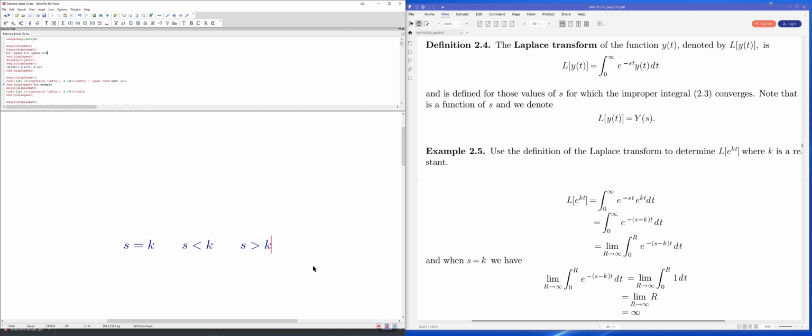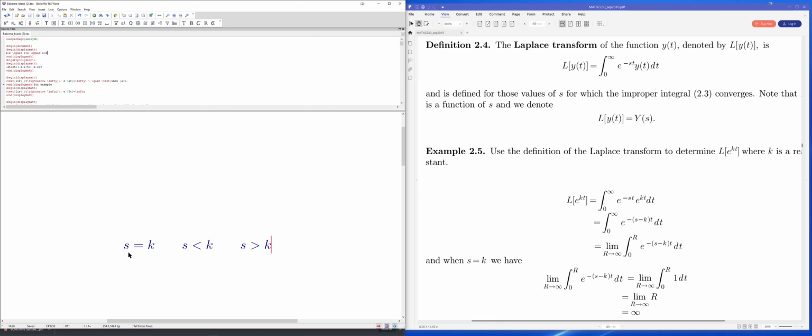It's only when s is bigger than k that you get a finite answer, and that finite expression in terms of s would be our Laplace transform. So I'm going to split into these three cases.